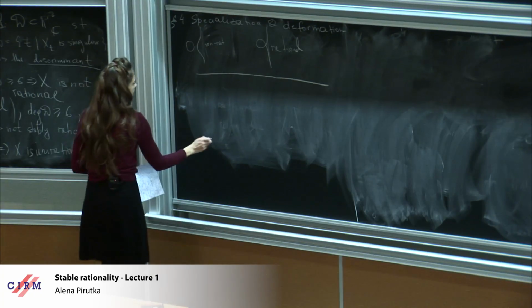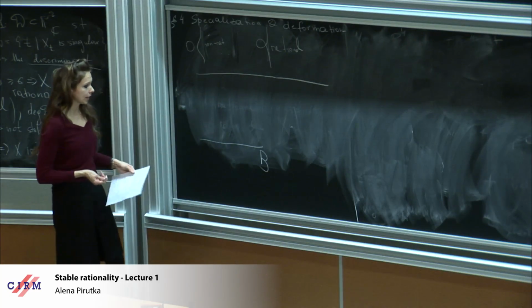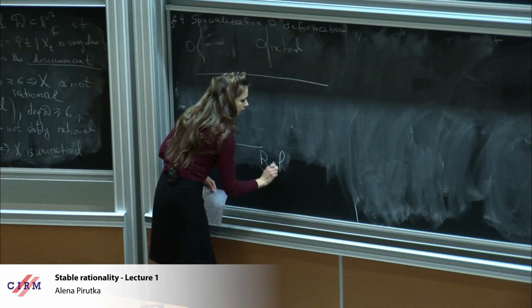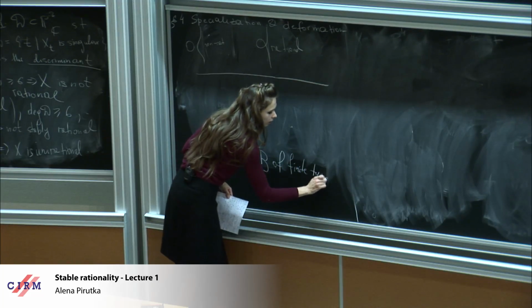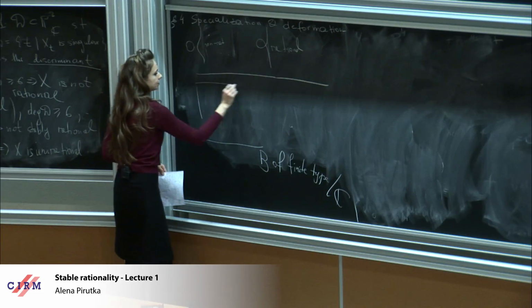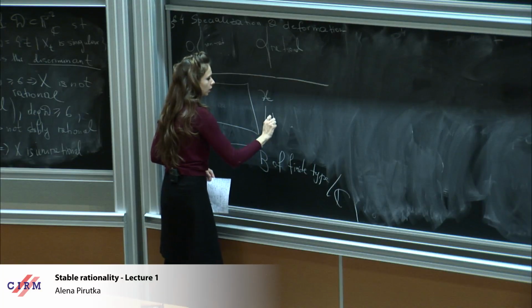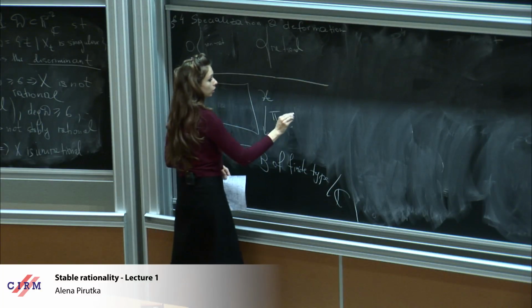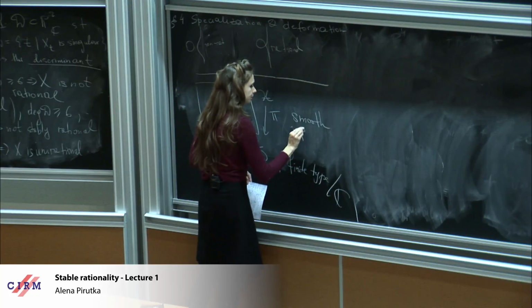We have some base, which I want to assume is projective, of finite type over C. Then you have the family X over B, and I will assume that the map is smooth and projective.